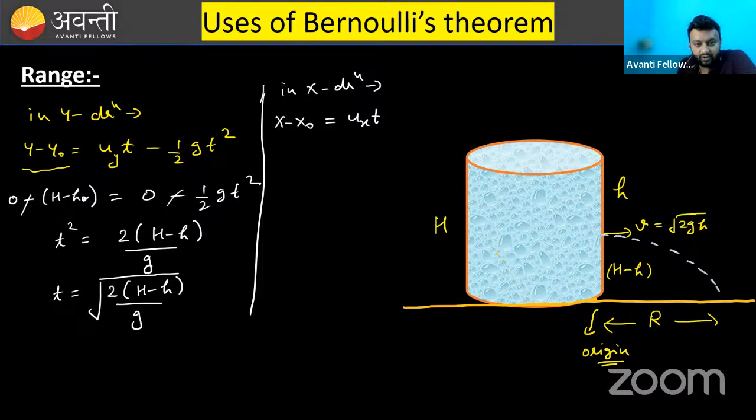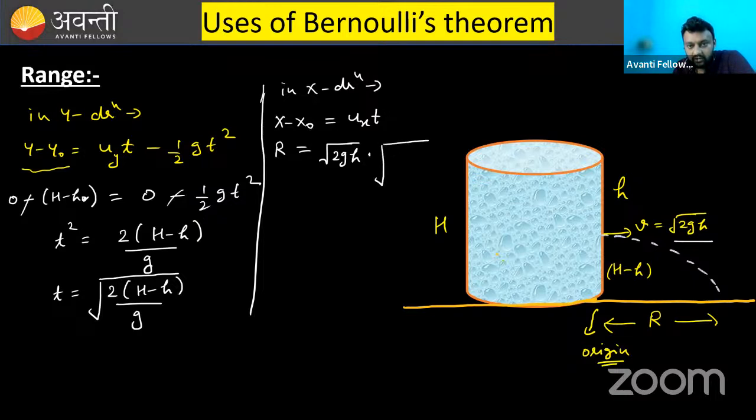So what is x minus x naught? That is the range. The displacement in the horizontal direction is R, equal to the velocity in the horizontal direction, root 2gh, into t.